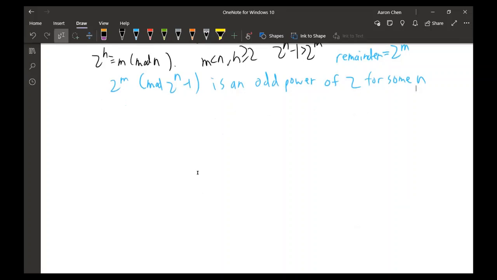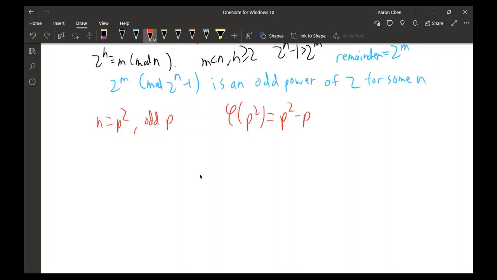So one way to start is by letting n equal p squared for an odd prime. Clearly the totient function, which we'll just write like this, of p squared is just p squared minus p.